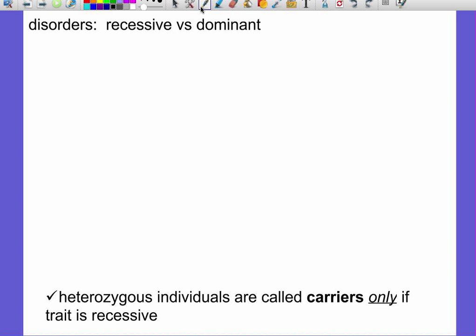Right, so first off, we're going to talk about a recessive disorder. Obviously, in order to actually express that recessive allele, you have to have 2 of those alleles. All right, so we're going to talk about a cross between 2 parents, each of which is going to be carrying that trait, carrying that disorder.